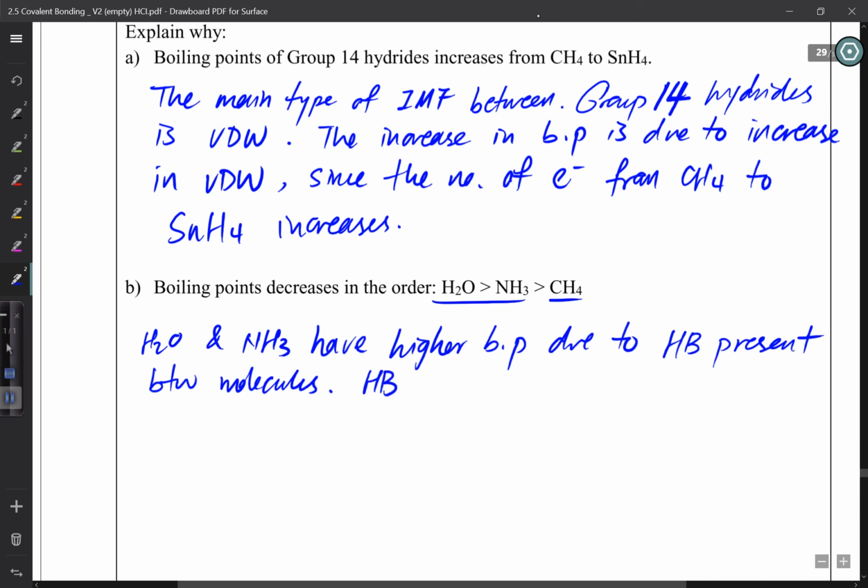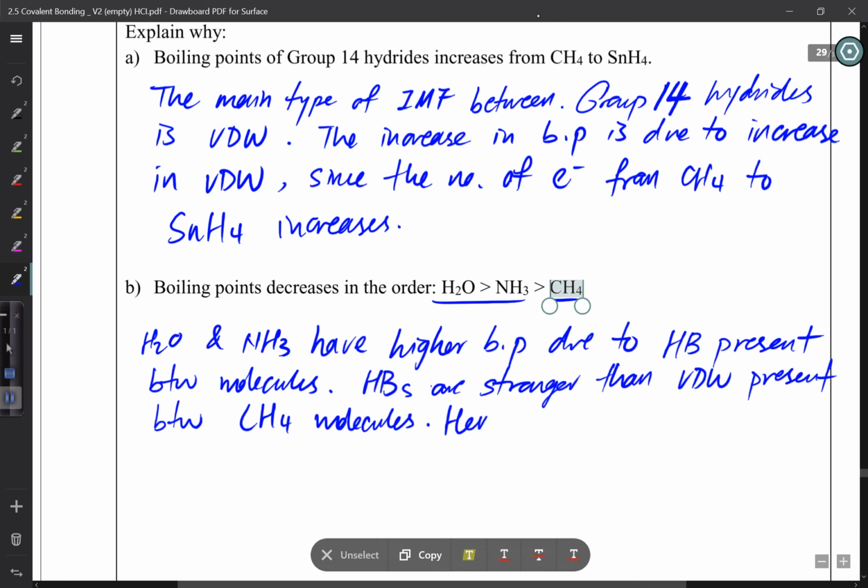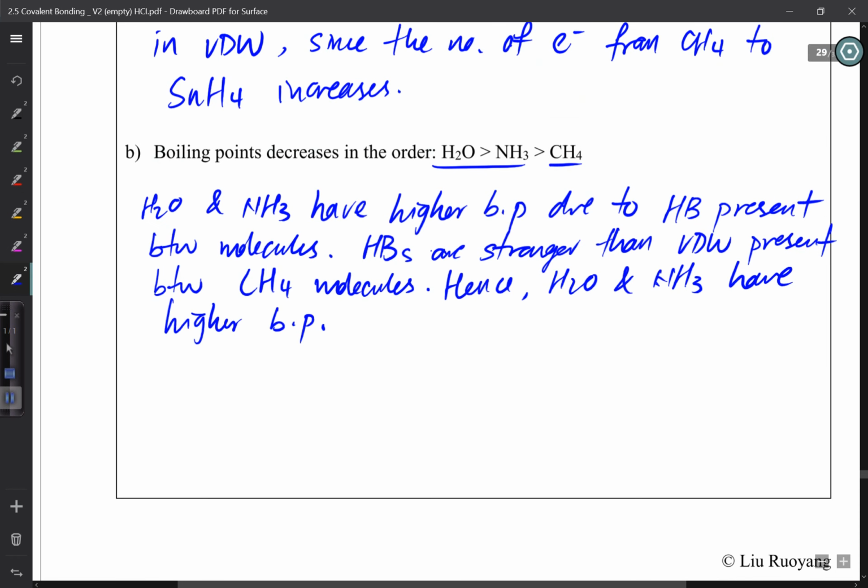Hydrogen bonds are stronger than the van der Waals forces present between CH4 molecules. Hence H2O and ammonia have higher boiling points. And then next we compare H2O and ammonia.